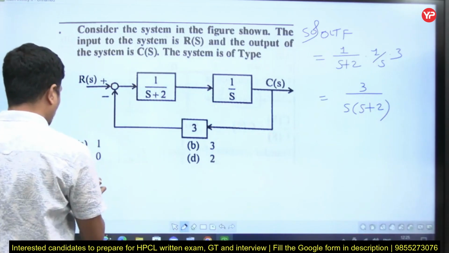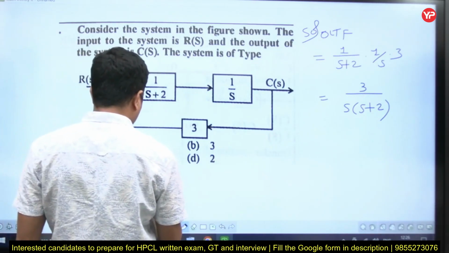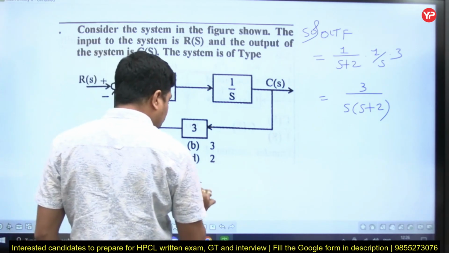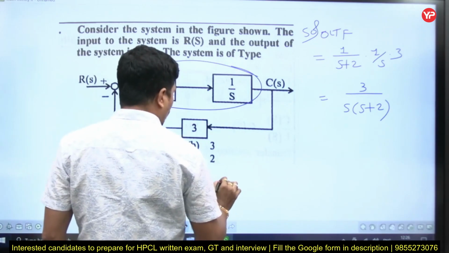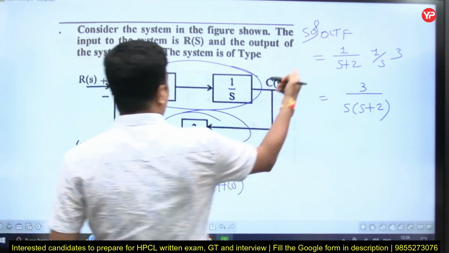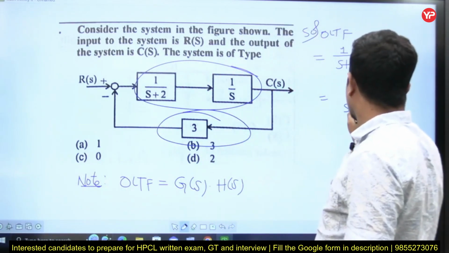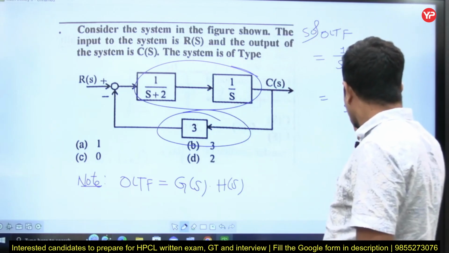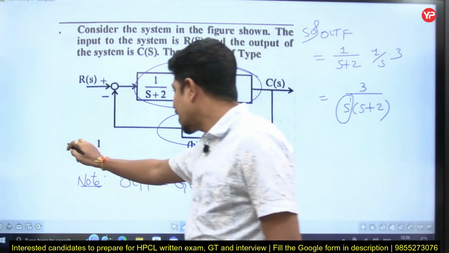Note that OLTF is equal to G(S), the forward path transfer function, into H(S), the feedback path transfer function. G(S) is 1 by S plus 2 into 1 by S, and H(S) is 3. So how many poles are there at the origin? Now if you see this particular S power 1, there is 1 pole at the origin, therefore it is of type 1.